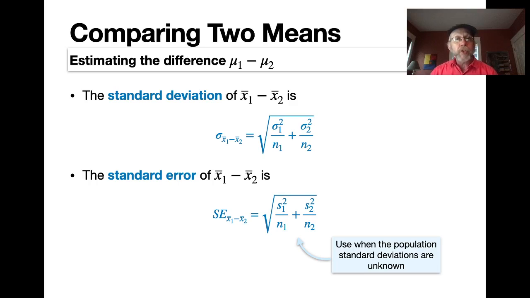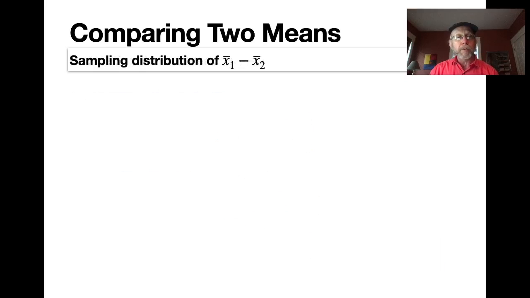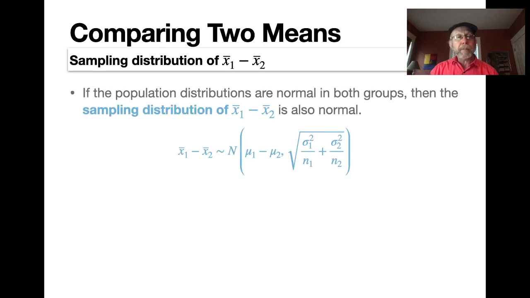So what about the shape of the sampling distribution? Well, here the story again is fairly similar to what we saw in one sample problems. That is, the sampling distribution of our point estimate is going to have a normal distribution. This will be exactly true if the population distribution in both groups are normal themselves. And this again parallels what we saw in one sample problems.